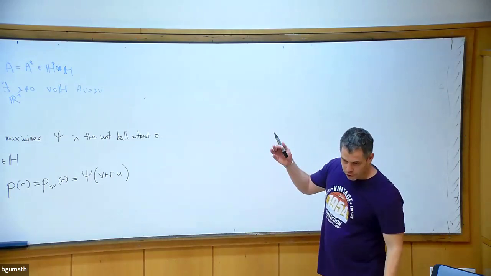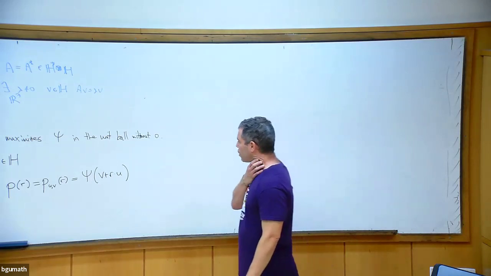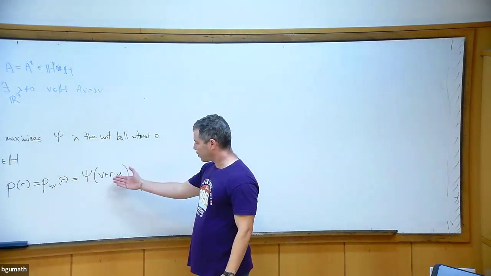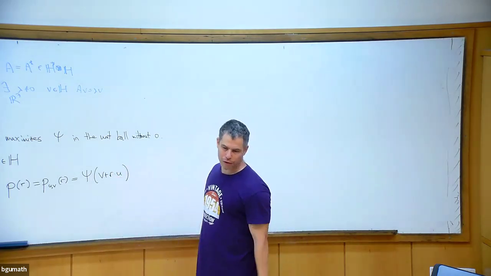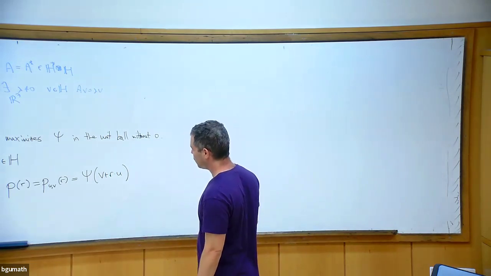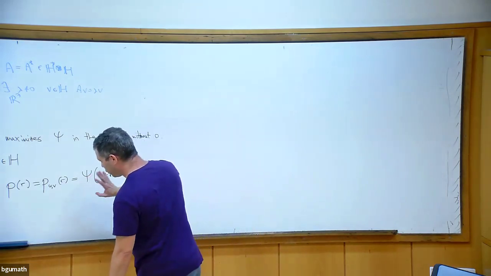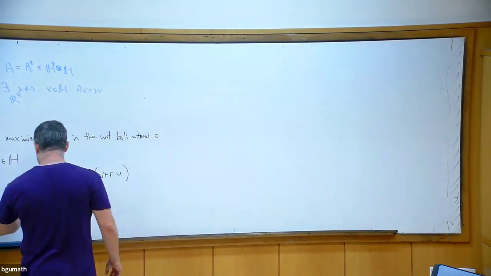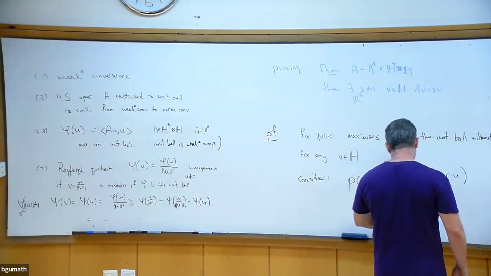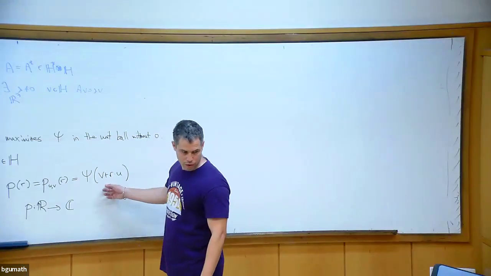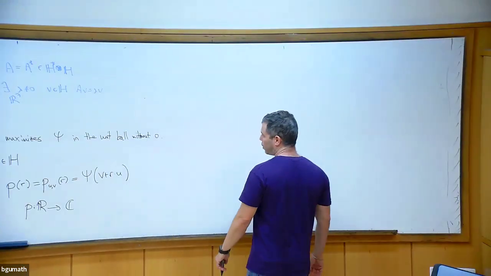But we'll keep it. And of course, this is constant if U is 0, so I could also define it for the 0 vector. I fixed some function, so this is a function R to C. In fact, you can see that this is real valued.